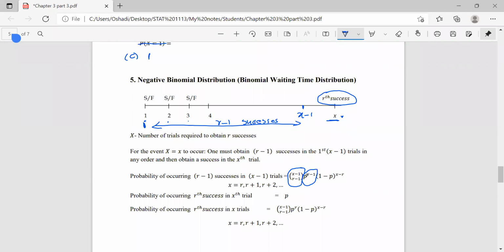Within those x minus 1 trials, there are x minus 1 minus r minus 1 failures, so it is x minus r. So there are failures, 1 minus p to the power x minus r. Right?